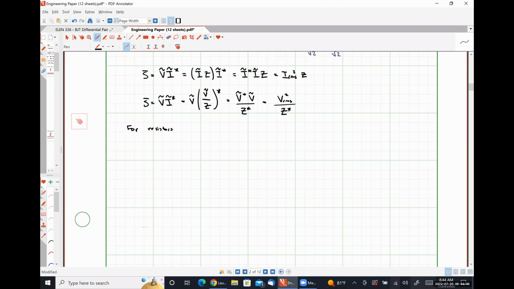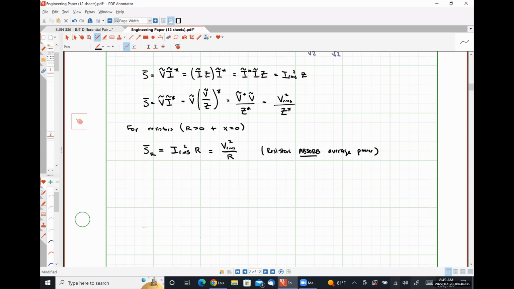For resistors, where R is greater than 0 and the reactance is equal to 0, what we will find is that SR, the complex power absorbed by a resistor, is simply I RMS squared times R, or VRMS squared over R, which means resistors absorb average power.